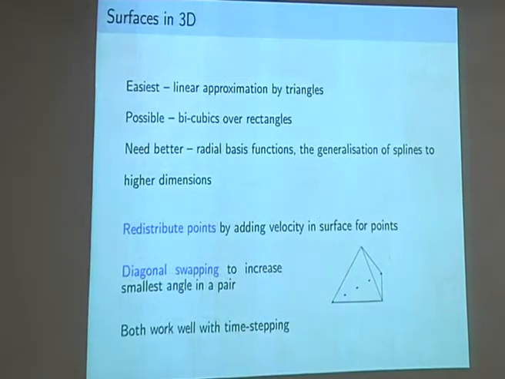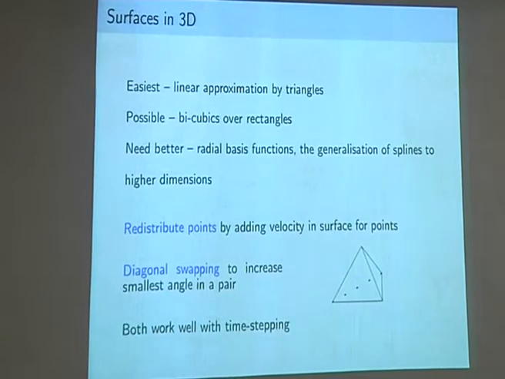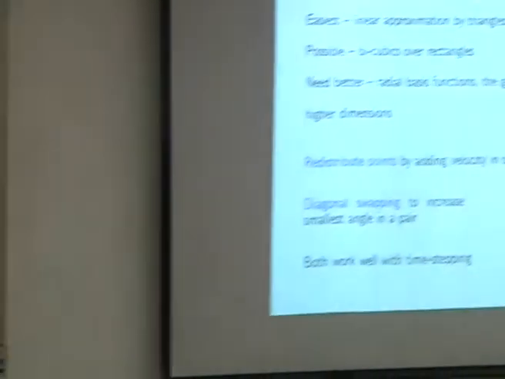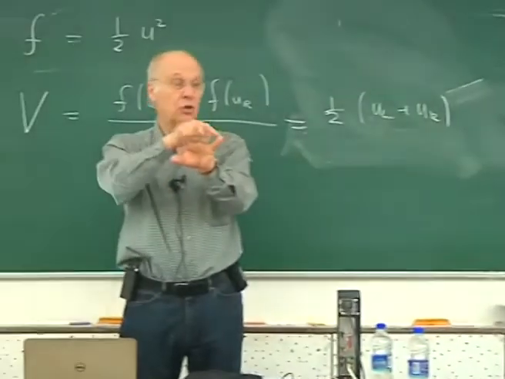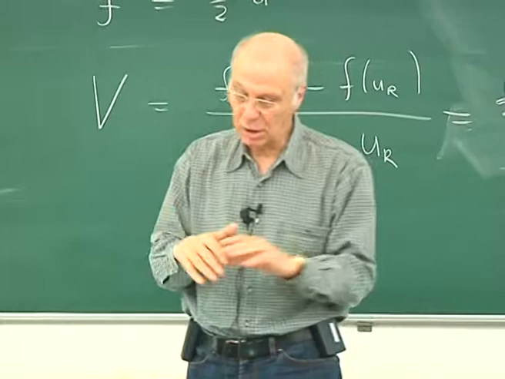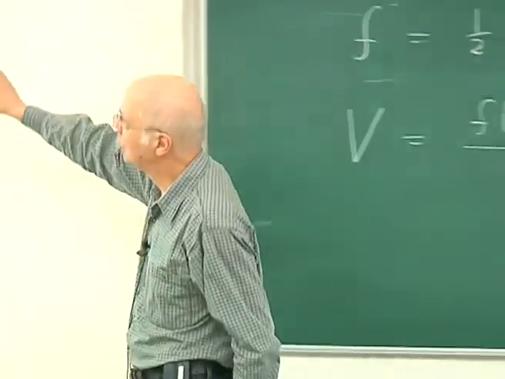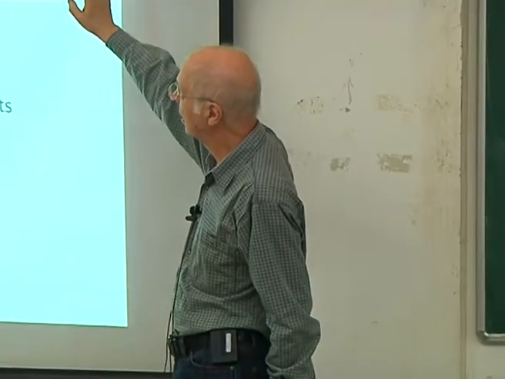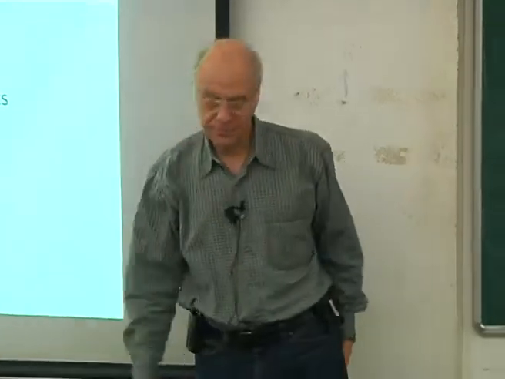Okay, surfaces in 3 dimensions. Well, the obvious thing to do is to have flat triangles. You have data points that are on the surface, you've marked the surface with some data points, and between 3 points that you know are on the surface, you could put a flat triangle. There are other possibilities called bicubics over rectangles.